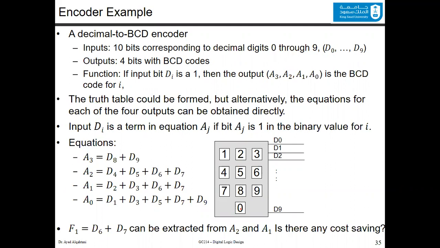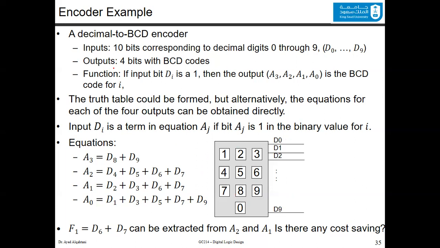Suppose you have keys for 0 through 9. If you press, for example, the button 0, it will generate a 1 here and zeros everywhere else, and similarly for the other buttons.